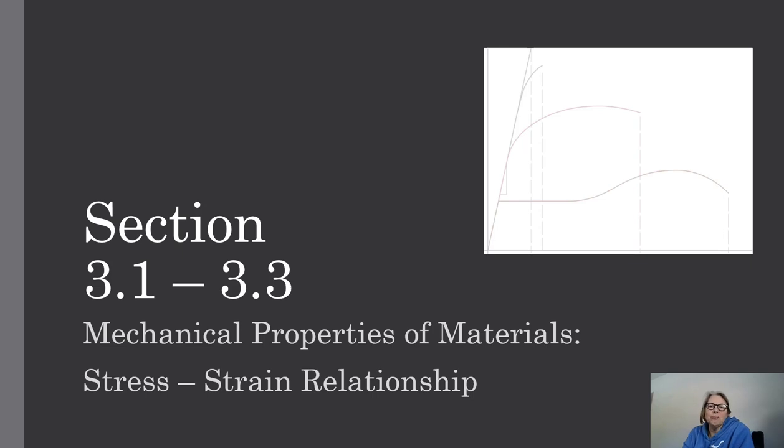We're going to start looking at the material properties of materials, and how different materials behave differently under stress. Think about a rubber band: if you applied a 10-pound force, you'd see it stretch.